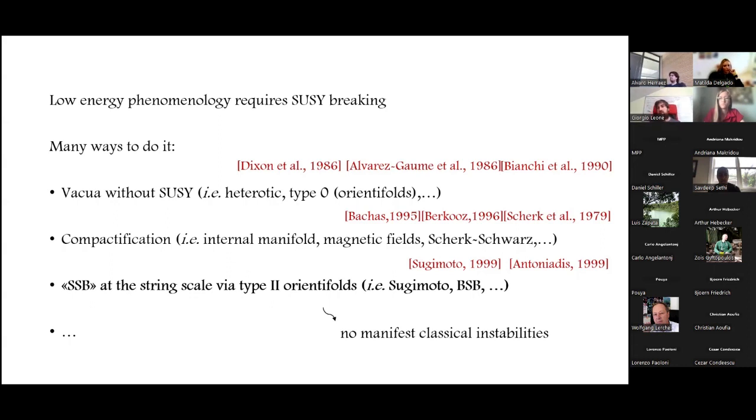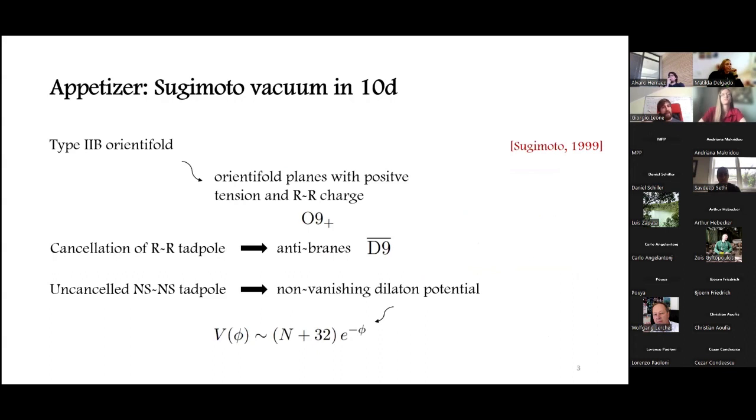And here we have the advantage that we are dealing with a simpler scenario, and therefore I hope that some of the features will be clearer in this context. So let me start by discussing the Sugimoto vacuum in 10 dimensions.